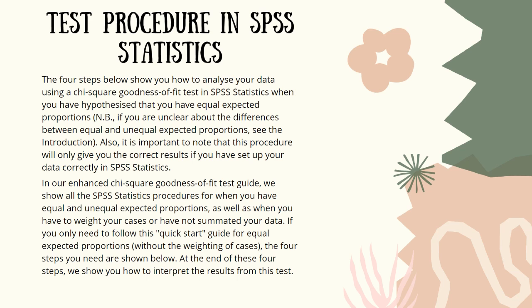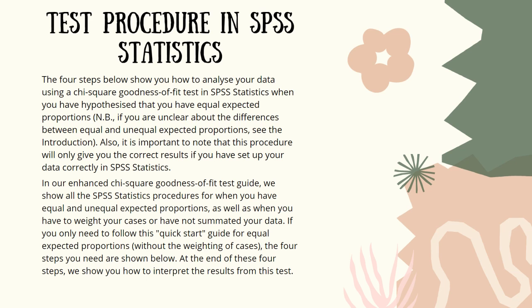If you're unclear about the difference between equal and unequal expected proportions, you can see the introduction. Also, it is important to note that this procedure will only give you the correct results if you have already set up your data correctly in SPSS Statistics.